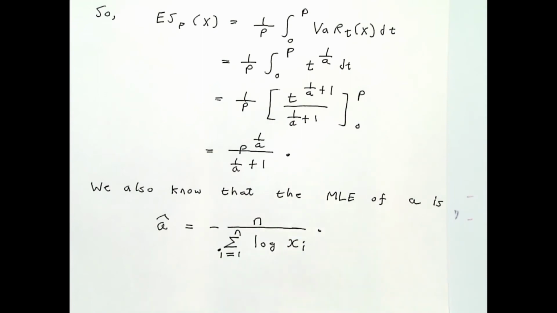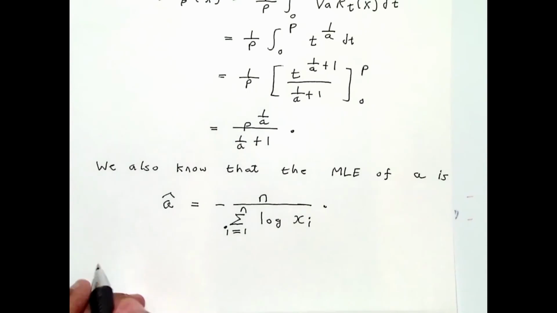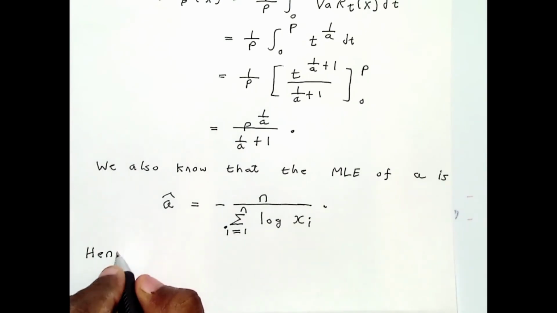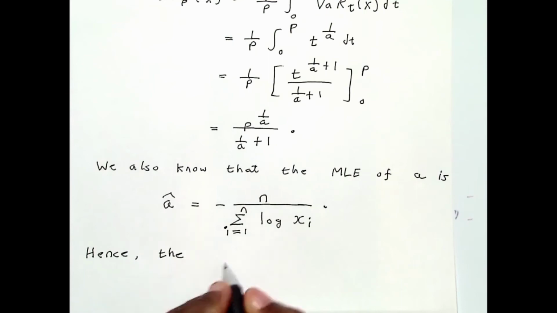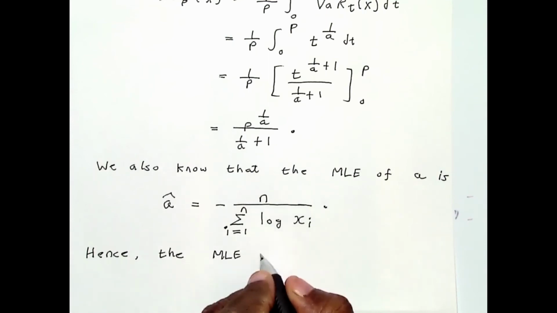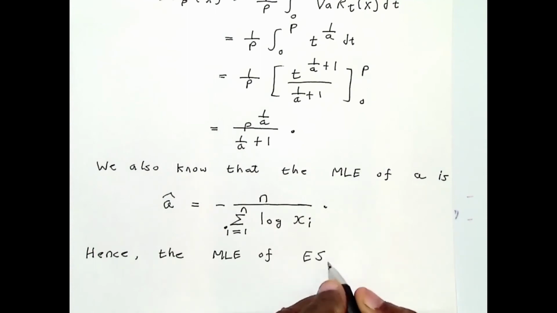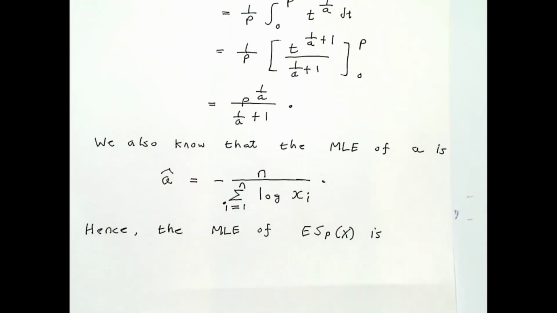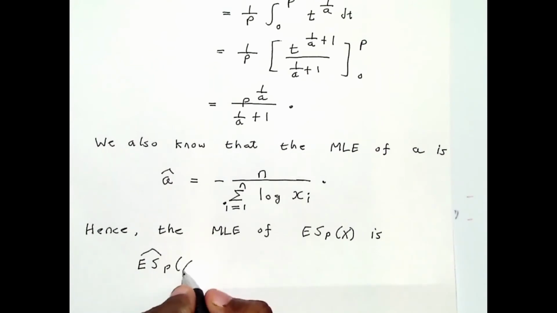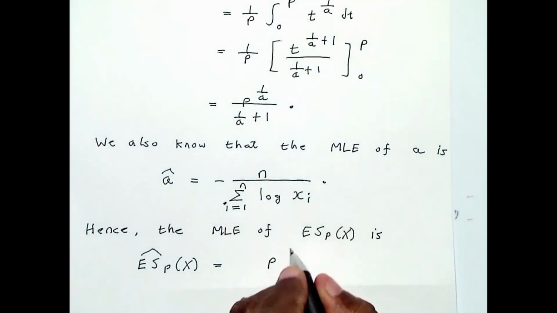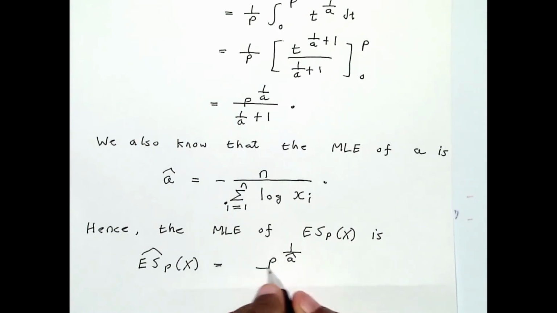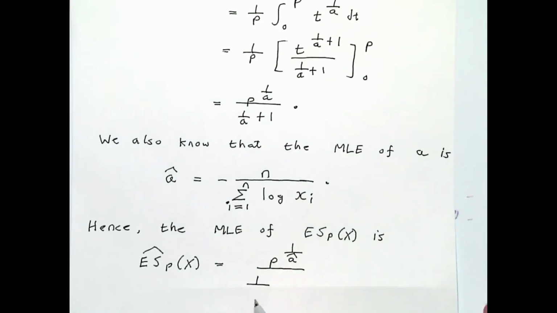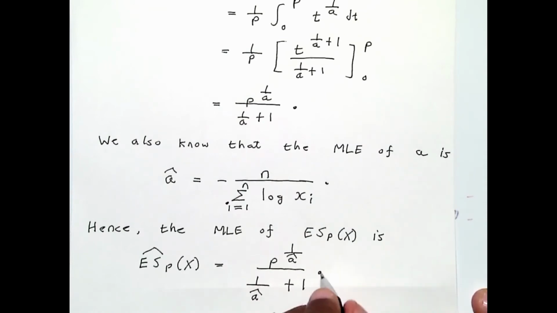Okay, so this is the MLE for A. So hence, the MLE of expected shortfall is given by the following.